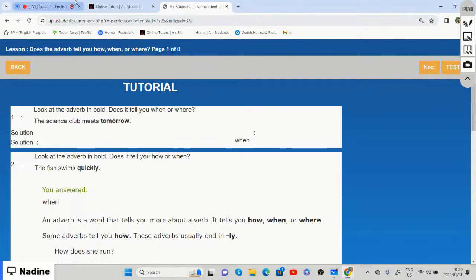I don't know how to remove the blur for you guys. Because if I go out now, it means that I'm going to be ending the lesson.